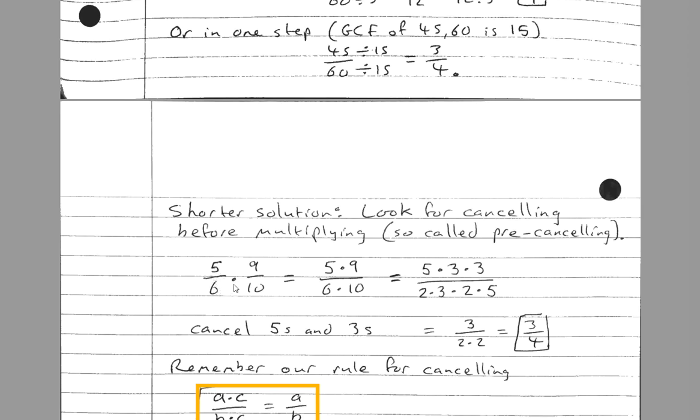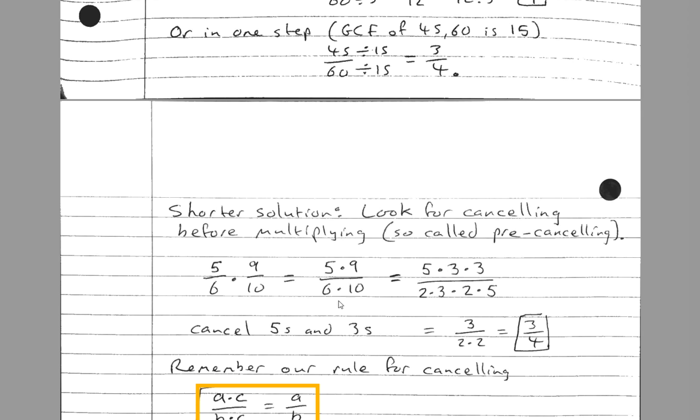So 5/6 times 9/10. Multiplying straight across again, on top it's 5 times 9, on the bottom 6 times 10. So instead of getting 45 here, let's factor these numbers and look for cancellation.